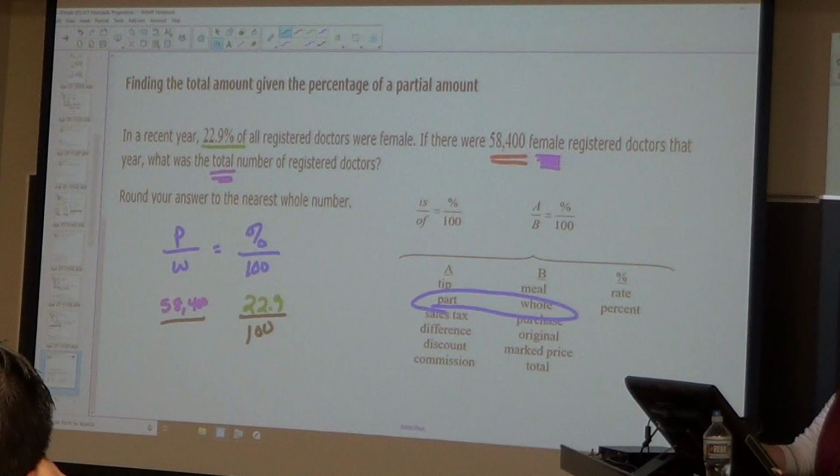We want to know the total doctors, which is girls and boys. You see? Girls are just part of the doctors. We want to know the total doctors, which is everybody. Everybody sees that big number and automatically thinks that's got to be the total.